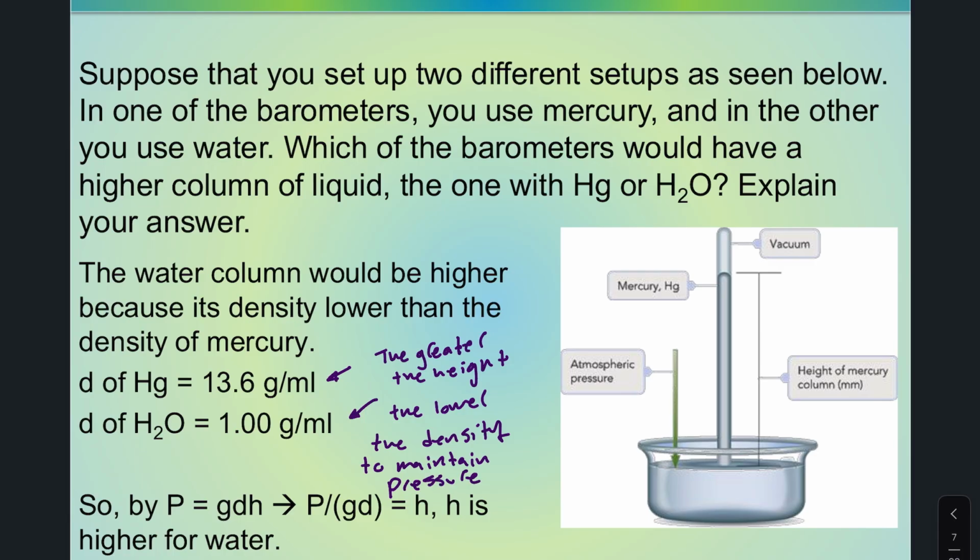So, if we look at this, if pressure is a constant, and density is higher, then height is lower. If height is higher, that means density is lower.